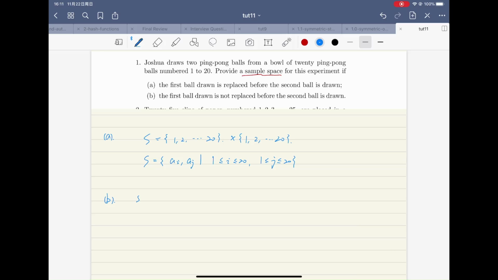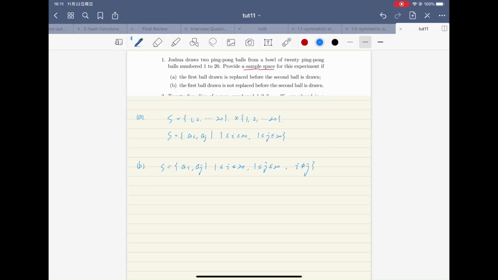So we set the sample space as (a_i, a_j), where i is greater than or equal to 1 and less than or equal to 20, and j is greater than or equal to 1 and less than or equal to 20, and i is not equal to j, because we have to make sure that the second ball that we draw is not equal to the first one, right? That's the first question.